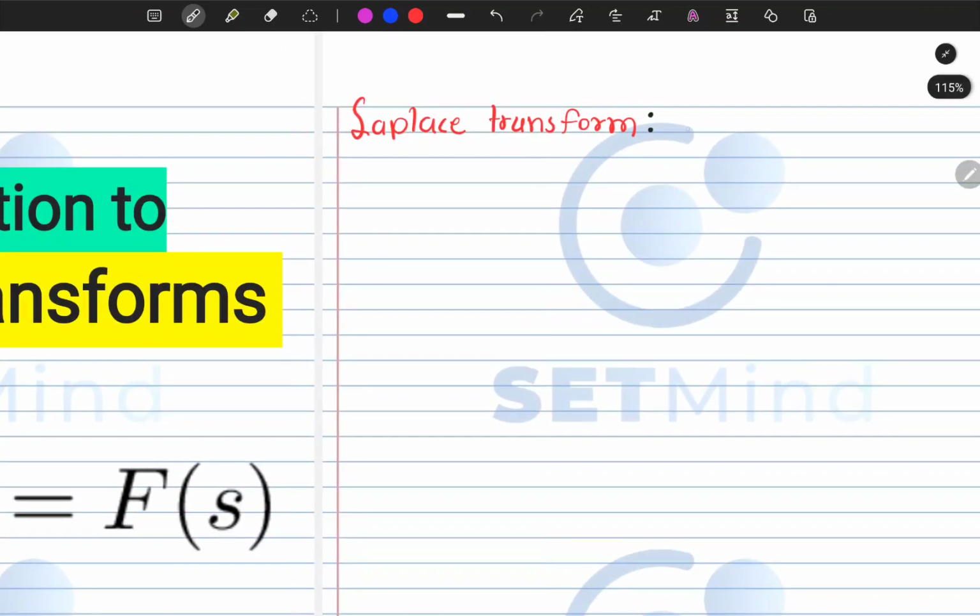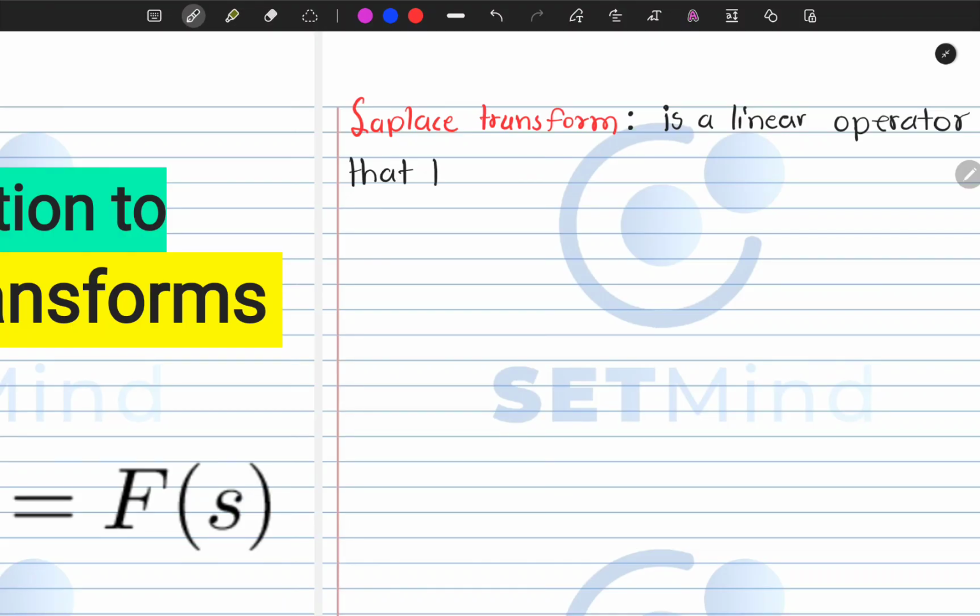By definition, the Laplace transform is a linear operator that transforms a function f of t to F of s.